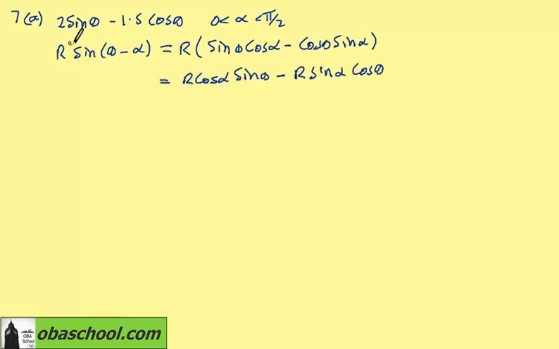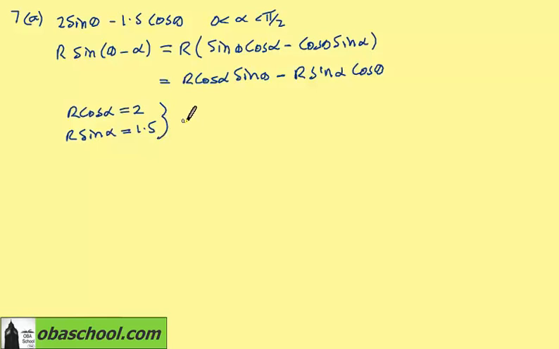Comparing this with this gives us that r cos alpha is equal to 2 and that r sine alpha is equal to 1.5.